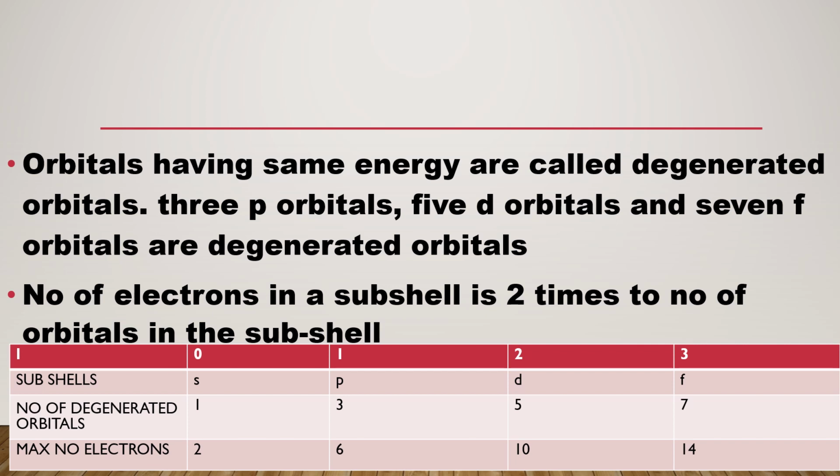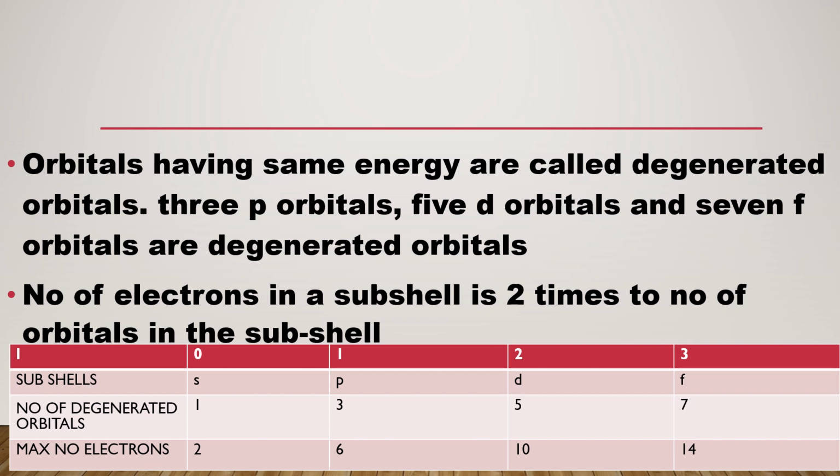Children, observe the third row and fourth row here in the table. The number of electrons in a subshell is 2 times the number of orbitals in the subshell. For example, if the number of degenerate orbitals is 1, then the maximum number of electrons equals 2.